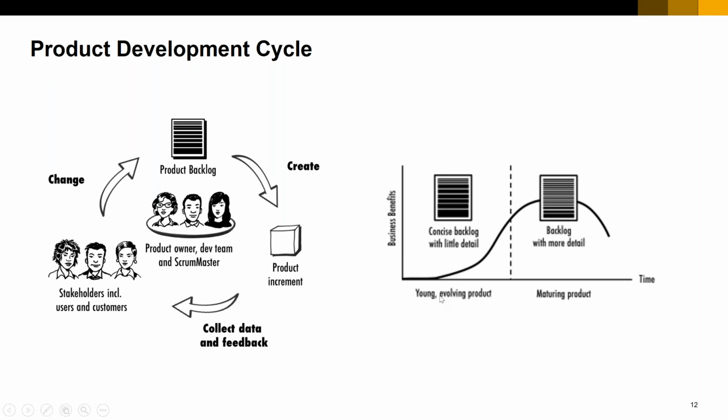So this product backlog, for example, till the time you are still in the maturing or evolving phase, is where you will have less and less detail in the backlog. It doesn't mean that the backlog does not talk about what is to be developed. It will talk about all the things to be developed, but with lesser detail, so that there is always space and room for you to improvise at the last minute.